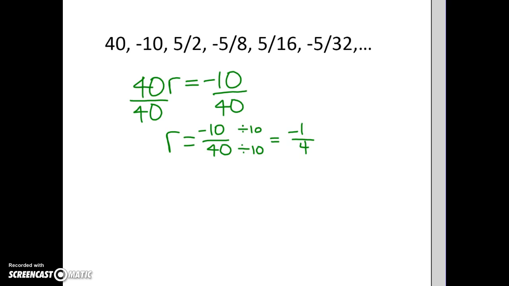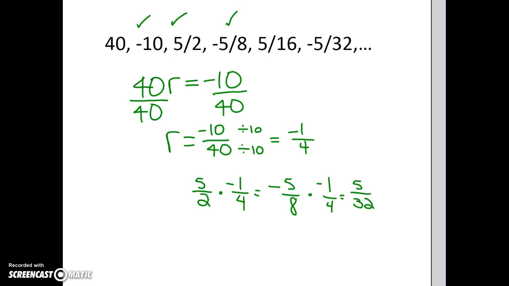I said that it does work here and it does work here, but 5 halves times negative 1 fourth is negative 5 eighths, so we're good here, times negative 1 fourth is 5 over 32. So I actually missed this term.